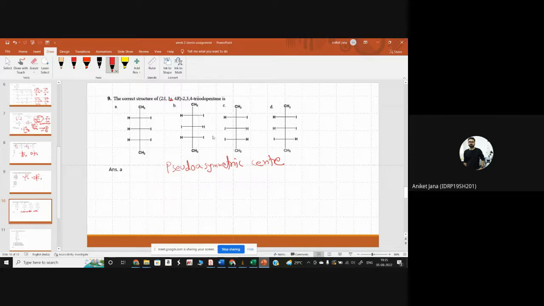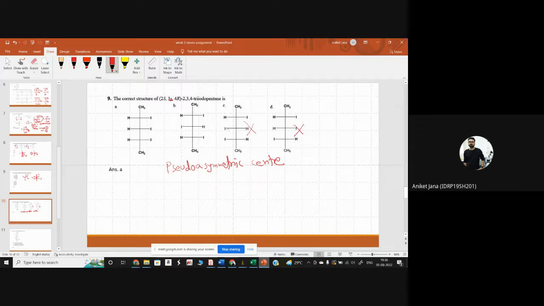So from this definition, we can eliminate two options. Can you tell me how? Any element of symmetry the molecule should have. Option C, D we can eliminate. Why?